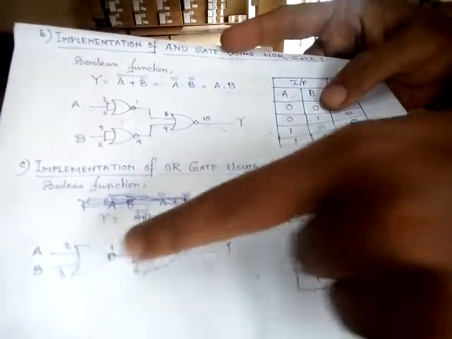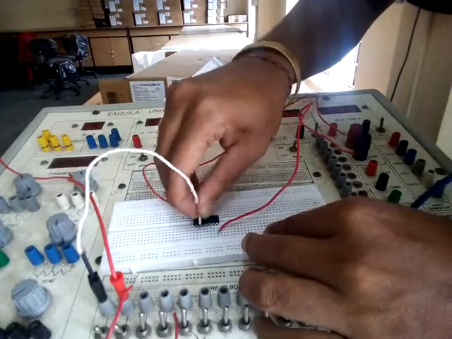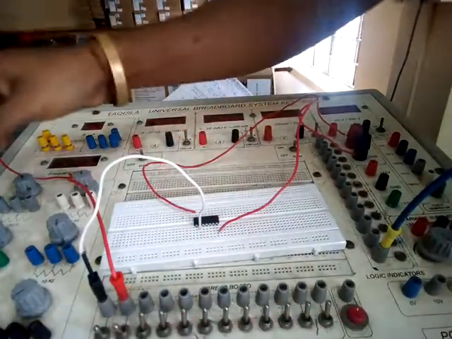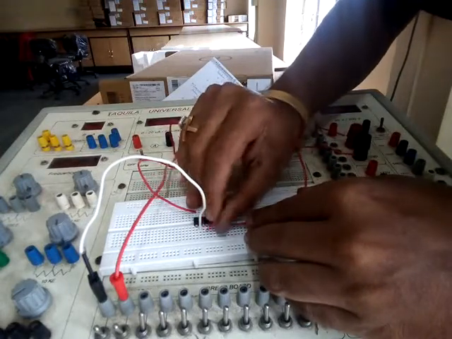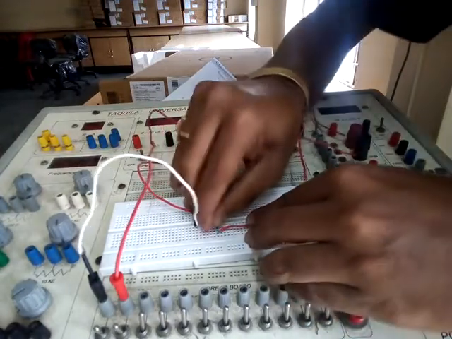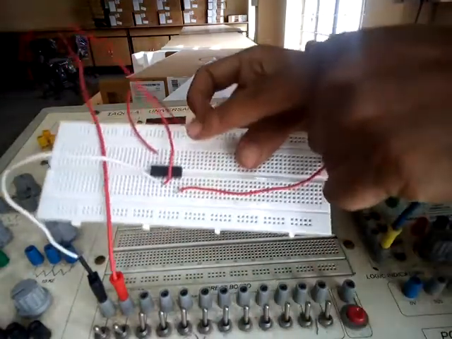So in the circuit, 2 and 3 are the inputs. This first input goes to pin number 2, and this second input goes to pin number 3. You can see it, pin number 2, pin number 3.